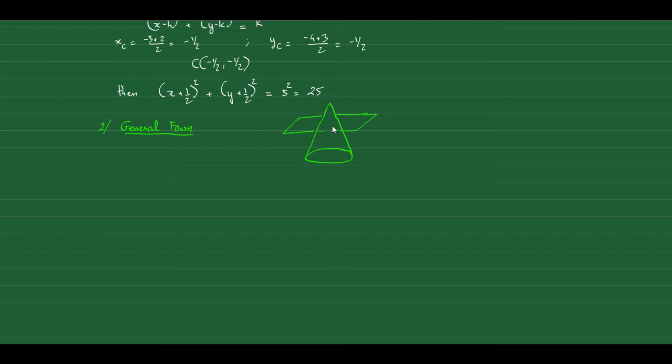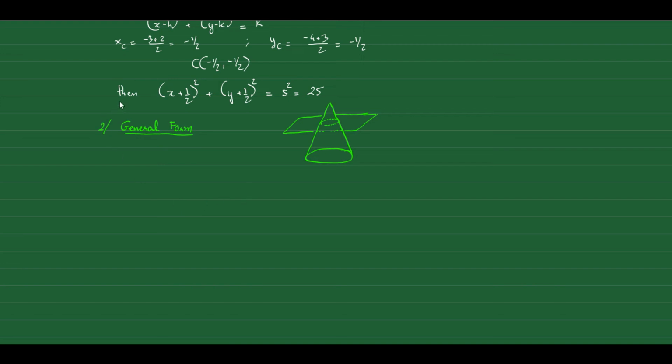And when it cuts the cone horizontally, you see that it creates a circle. That's why. And later on we will talk about conic section. I'm gonna go through this again and explain more why the equation of the circle, or the curve of the circle, is called a part of the conic section.